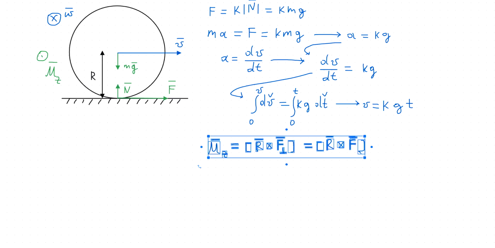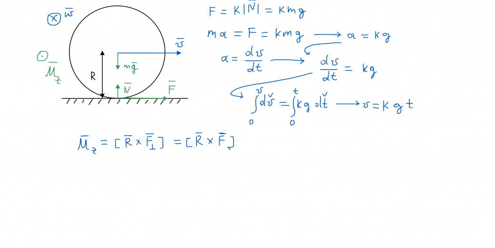I mean that the modulus of vector Mz is equal to the absolute value of this vector, which is equal to R F in this case.